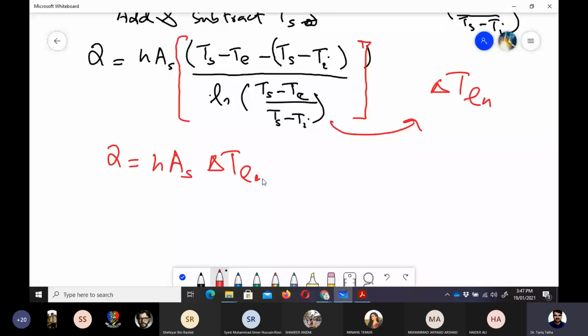So now you can see how we have derived this relation.